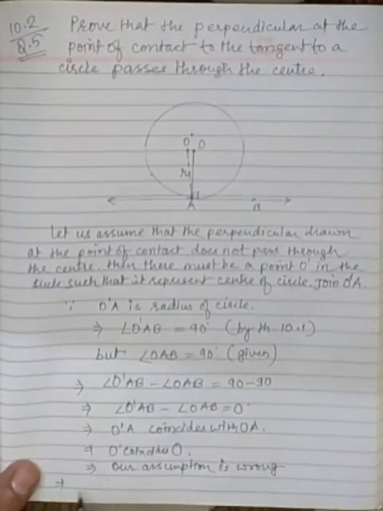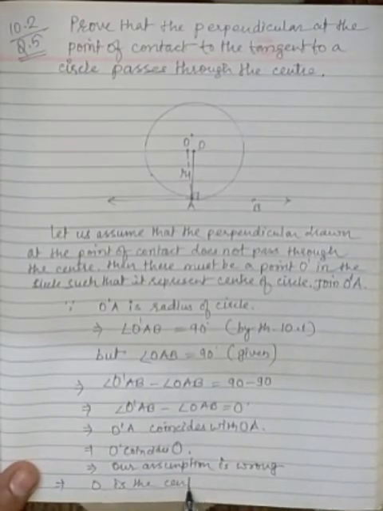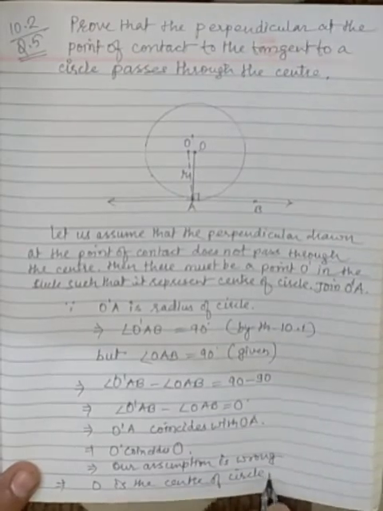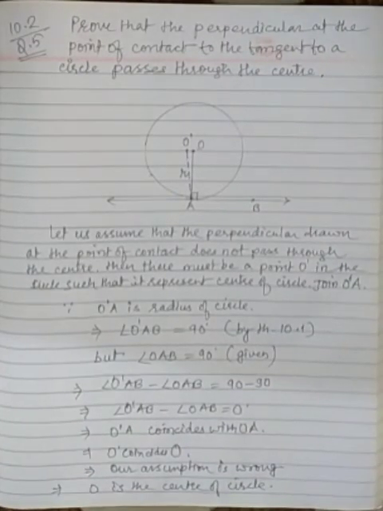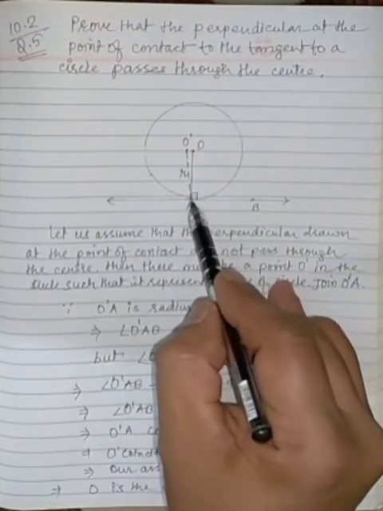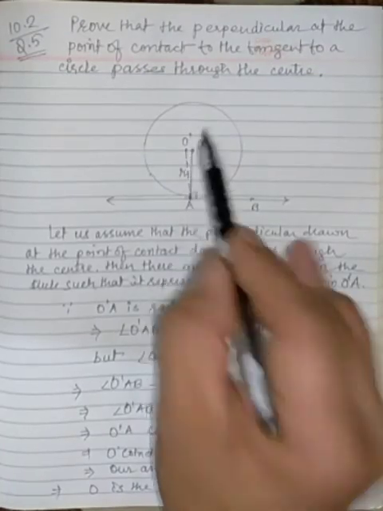That means O is the center of the circle. So the perpendicular drawn at the point of contact to the tangent passes through the center of the circle.